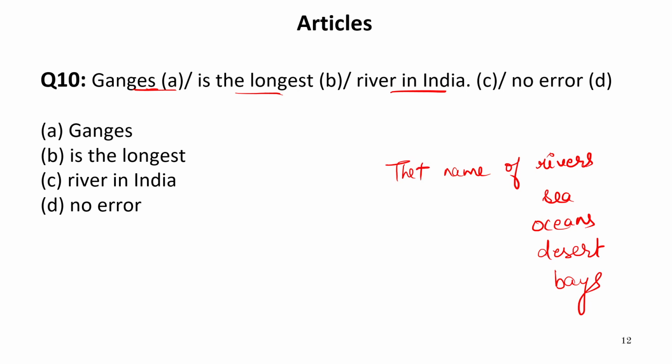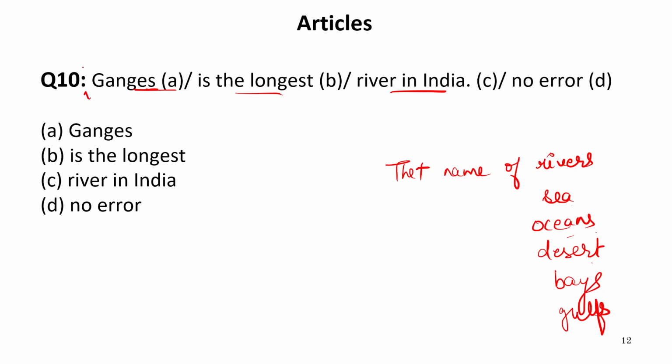For example, the Ganges, the Brahmaputra, the Narmada, the Kaveri, the Arabian Sea, the Red Sea, the Mediterranean Sea, the Pacific Ocean, the Indian Ocean, the Atlantic Ocean, the Arctic Ocean, the Sahara Desert, the Thar Desert, bays, the Bay of Bengal. So before any such geographical feature, gulfs, we always use "the".